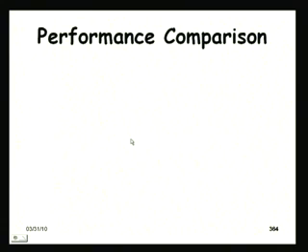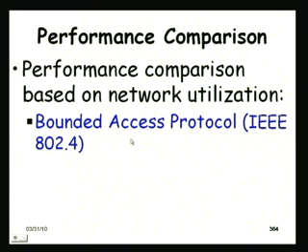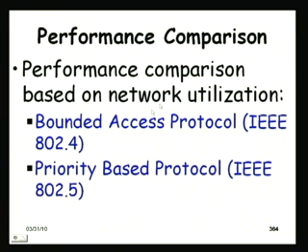Now, let us look at the performance comparison issue. How do we compare performance? We have to compare the performance based on the network utilization achieved, based on whether some messages have missed their deadline at a specific utilization, and so on.